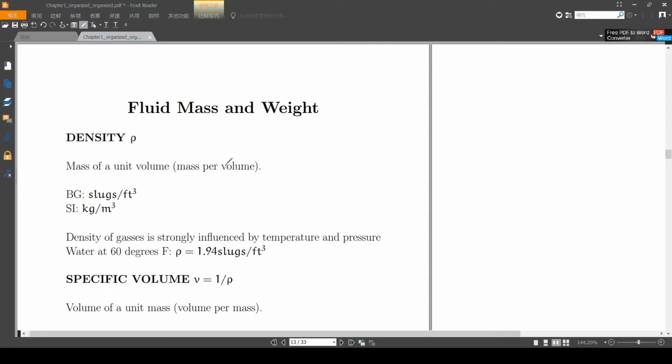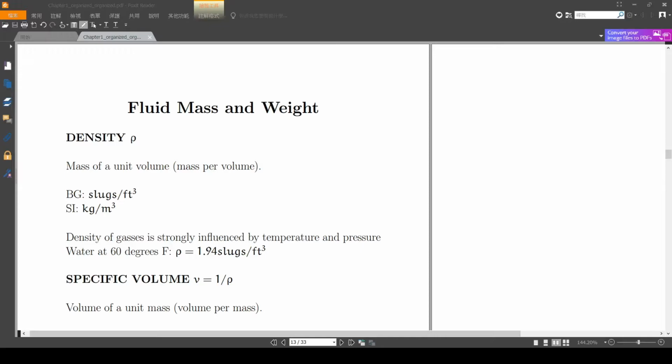Next part is about some basic fluid properties, or the fluid characteristics. Just like when you want to introduce yourself to a new friend, you have some basic properties that you can tell them: that you are a girl or boy, how tall you are, and what your age is.